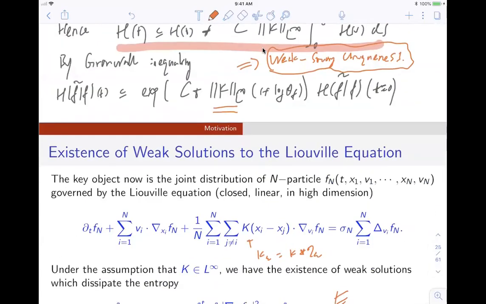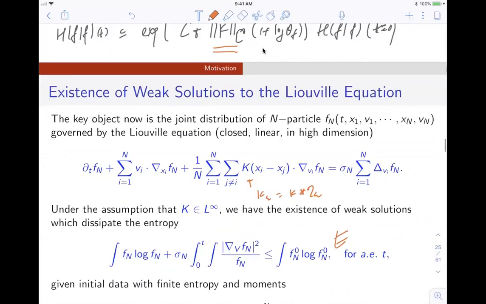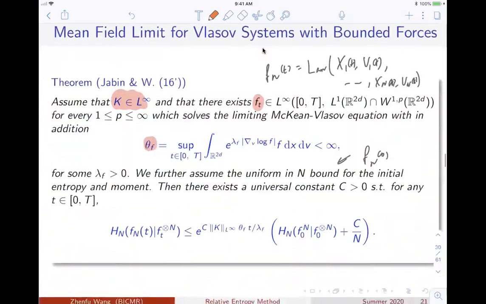In the estimate, we use the assumption that the P moment over P grows at most linearly, but this is equivalent to the exponential moment assumption. It's essentially the same.